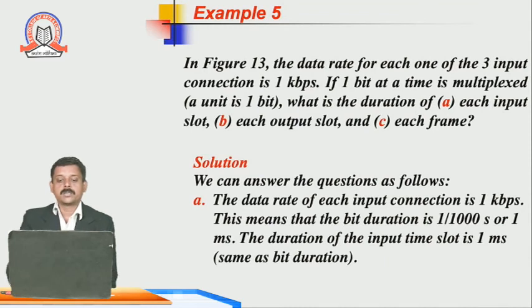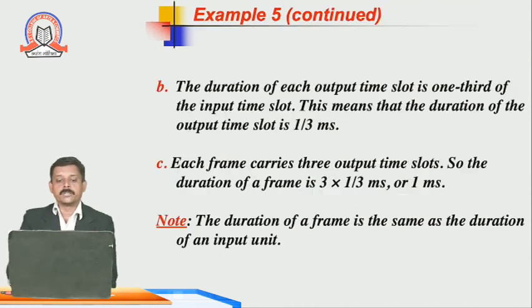Then the duration of each output time slot is 1/3 of the input time slot. So the output time slot is 1 upon 3 milliseconds, and each frame carries 3 output time slots.